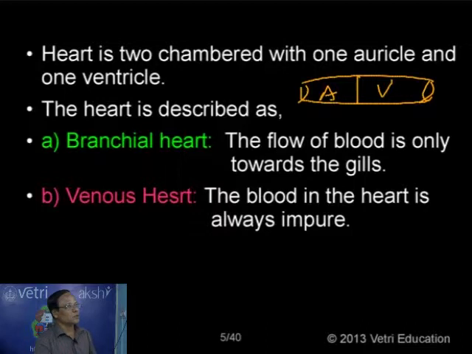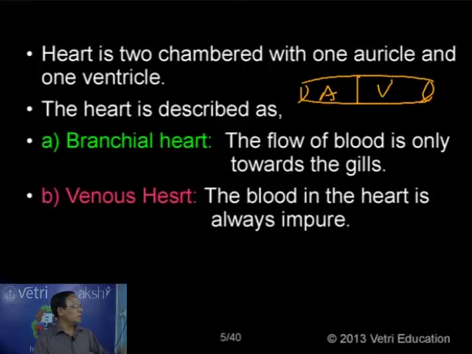In the case of cyclostomes as well as in the case of fishes, the heart is two chambered, having one auricle and one ventricle. But the heart as well as the circulatory system in the case of fishes is different from that of amphibians or reptilian forms or apes or mammalian forms.